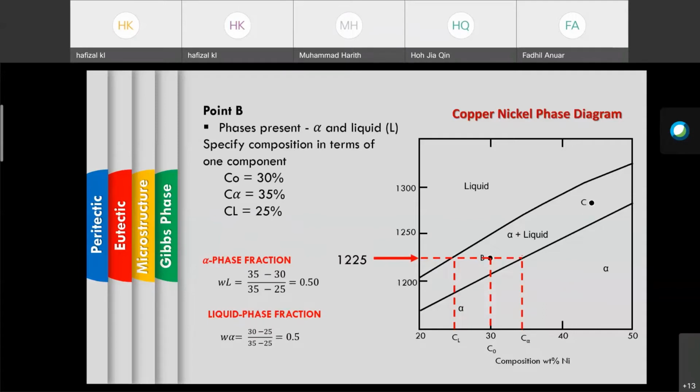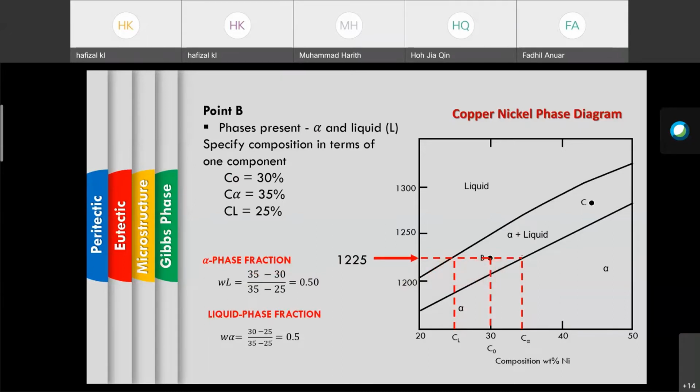Okay, in order to get the fraction, or percentage, of alpha phase and liquid phase, we apply the lever rule formula, whereby we have 35 minus 30. So 35 is C alpha, minus 30, this range, and then we divide by the total range from here to here.